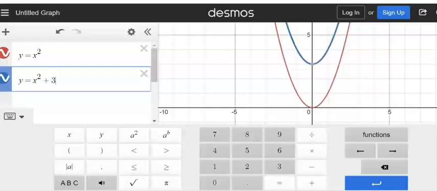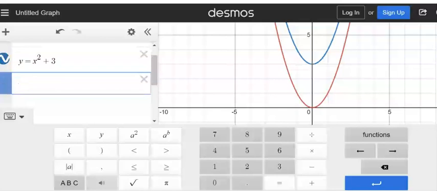So what's it do to the graph? Shifts it up 3, correct? Up 3. That's called a vertical shift. It's shifting it up 3. Okay? What's the next one? Y equals what?